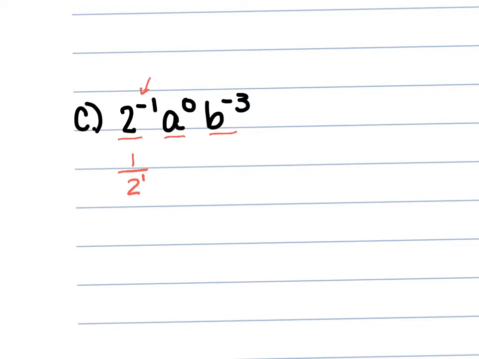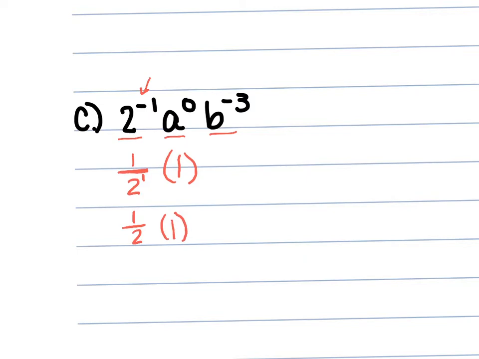And what the negative does is it tells me I'm on the wrong side of a fraction, so I'm going to move it to the denominator. So it becomes 1 over 2 to the first power, or just 1/2. A to the 0 power, well, anything to the 0 power is going to become 1. So we've got 1/2 times 1.